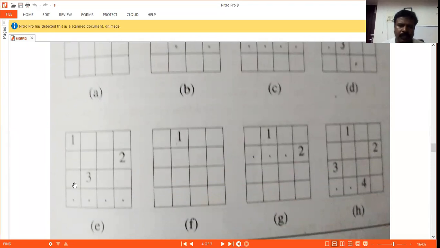You have to clear this and go to the second one. So in that second one, you place queen one in the second column, then the second queen in the fourth column, then place the third queen in the first column and place the fourth queen in the third column.